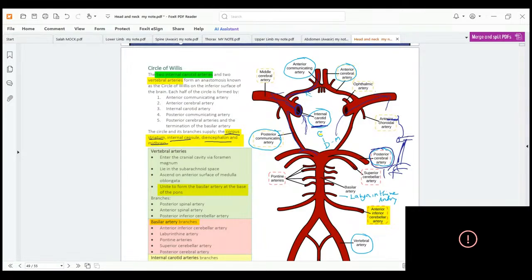You need to think about the ophthalmic artery first. They are giving the ophthalmic artery first, as you can see at the upper right. Then it will give other branches: anterior cerebral, then middle cerebral, then posterior communicating.